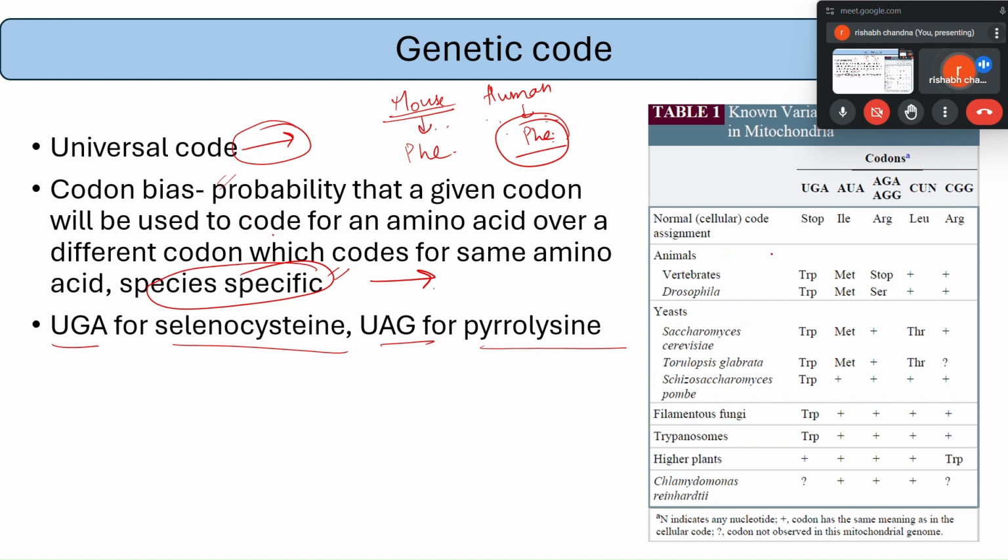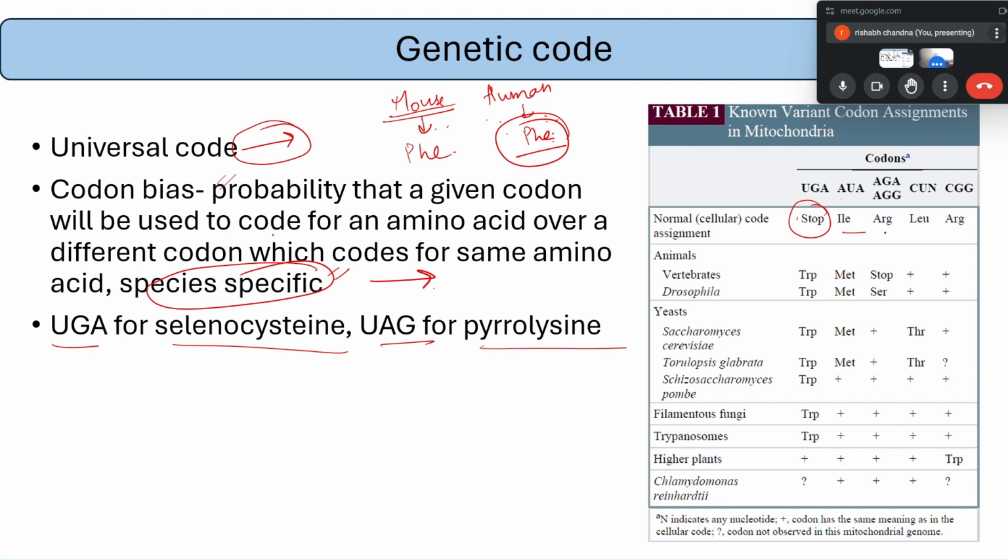Then this is an example of the variation in codon assignments in mitochondria. This is the normal cellular code. UGA is a stop codon. AUA codes for isoleucine.